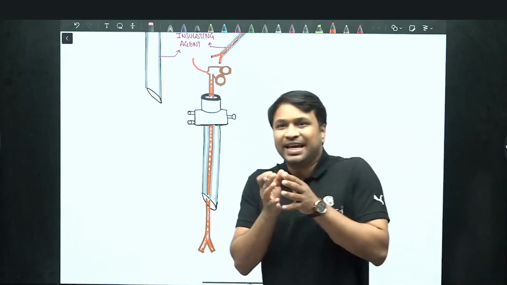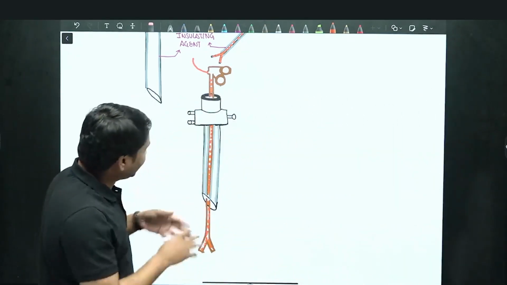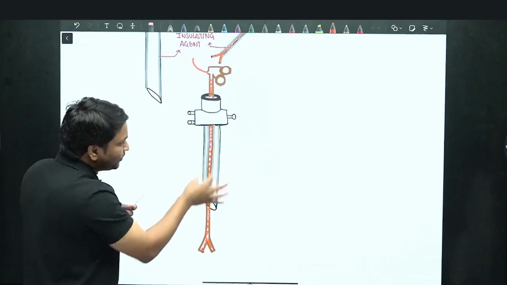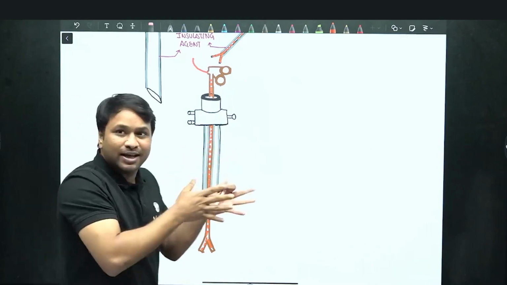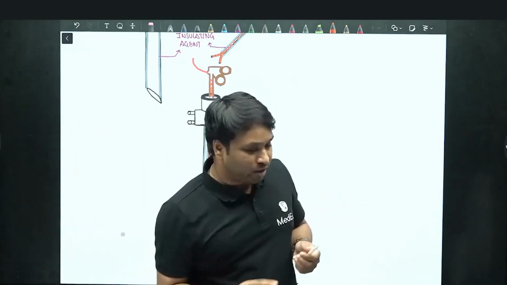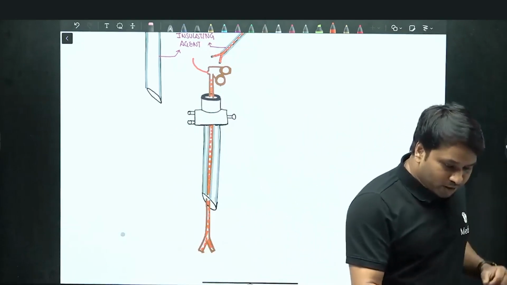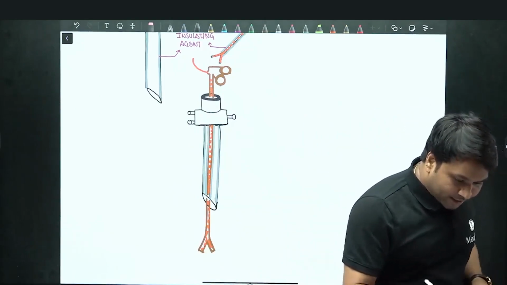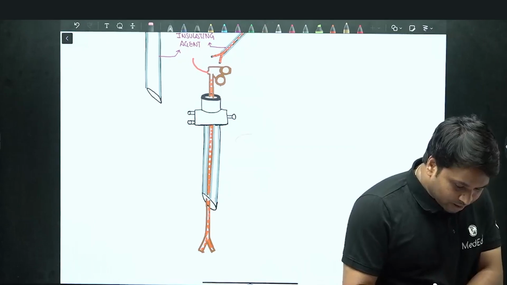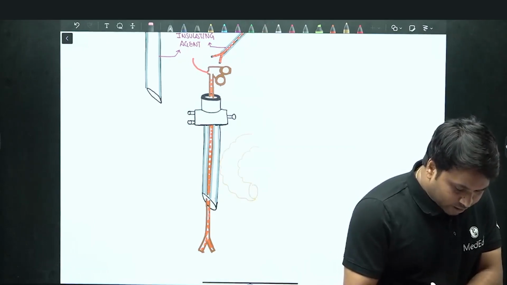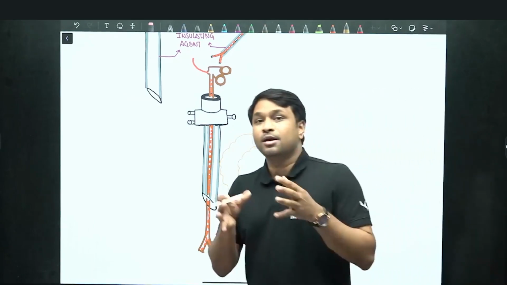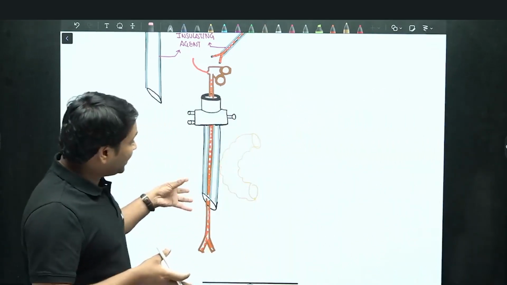The electricity can never spray out because of the insulating agent. It won't allow the electrical component to go to the port. The reason is, the port can come in contact with the bowel. Let's say this is the bowel.